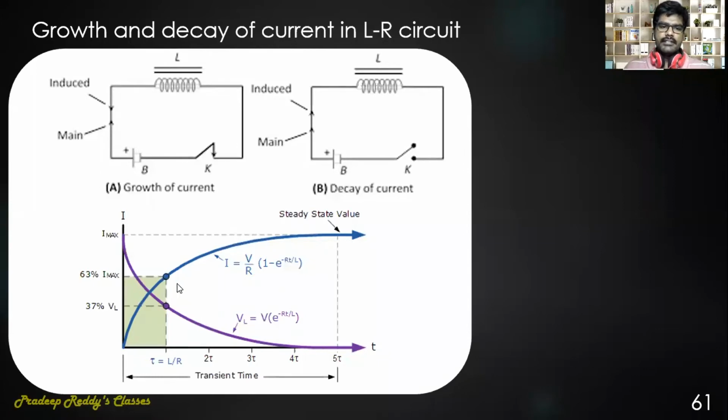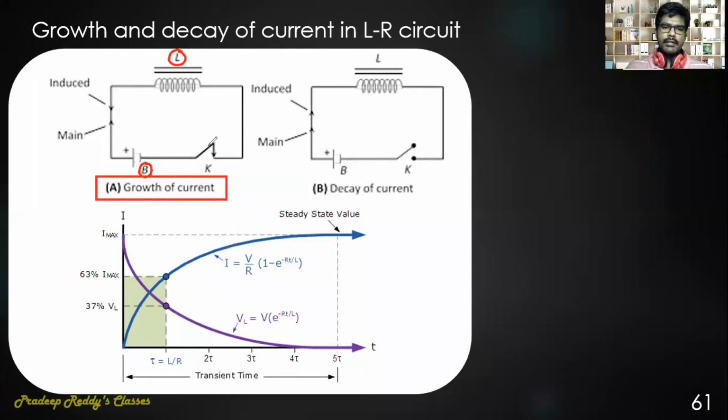Now, let us first learn what is meant by growth of current and how this growth is achieved. You are taking a battery and connecting an inductor L to this battery.